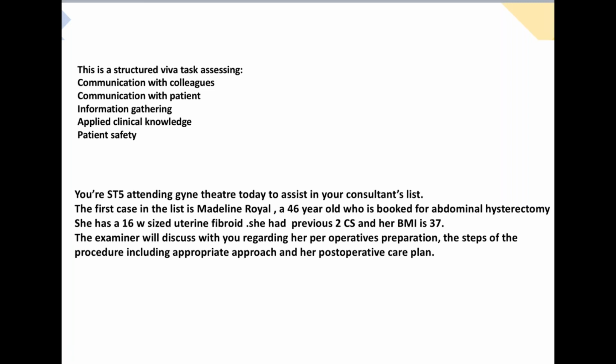What about her post-operative care? As we told earlier, we need to keep her active as soon as possible.